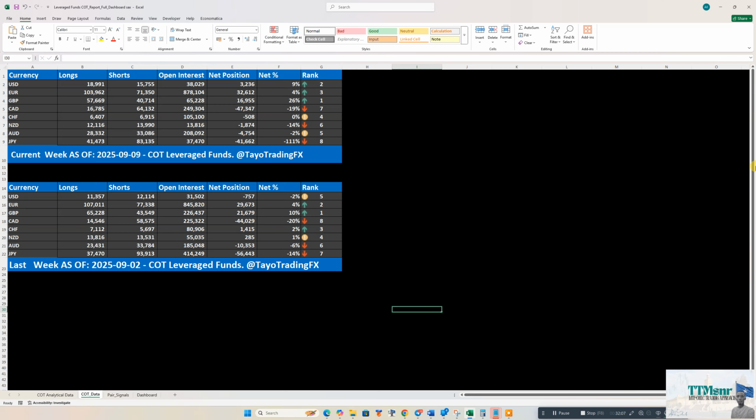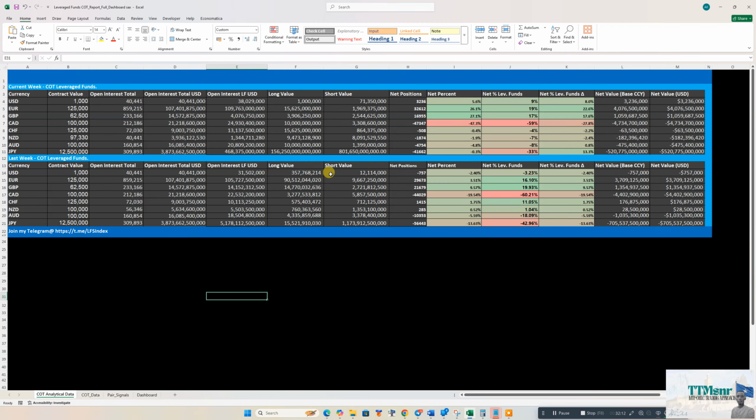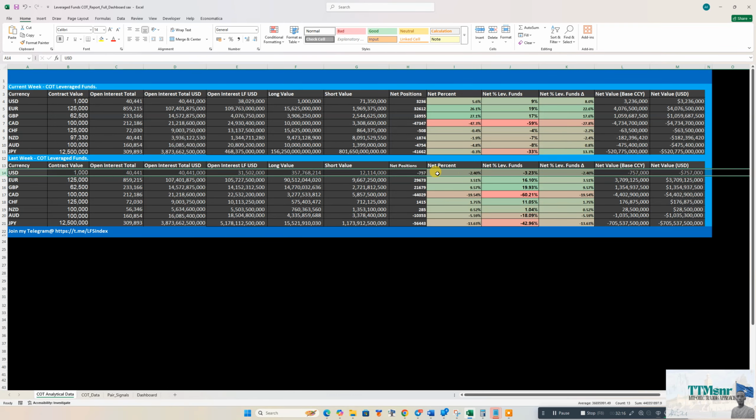So this is this week, and you see the net position was minus 757. It was negative, so the net percentage also minus 2.4.